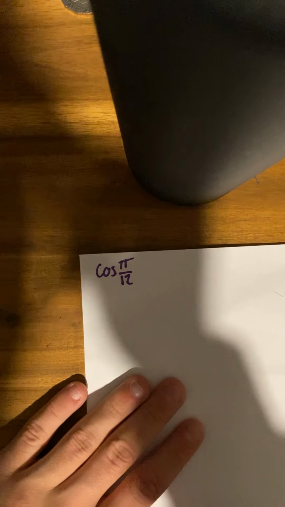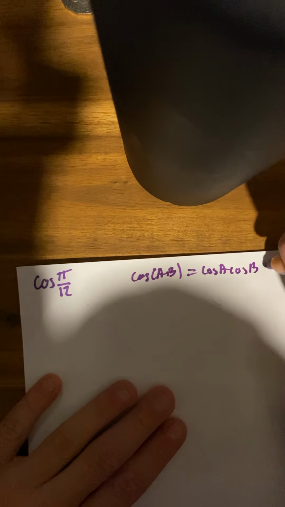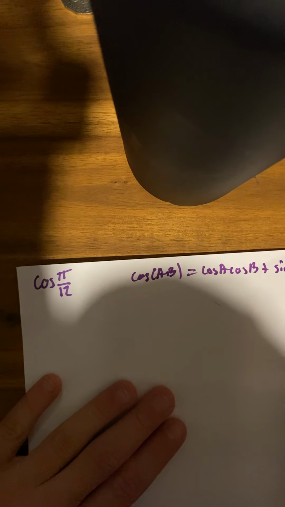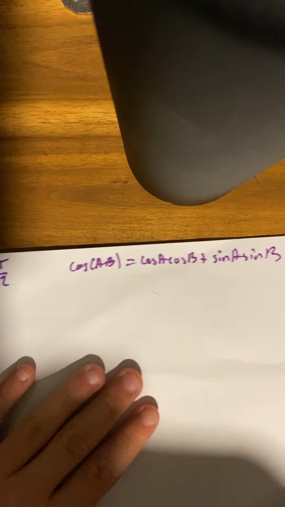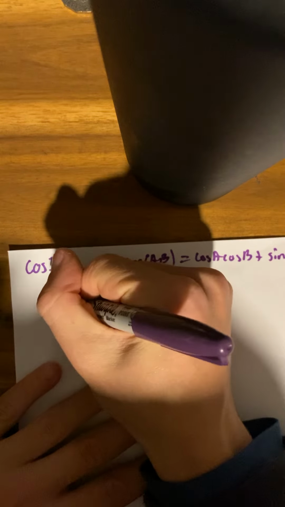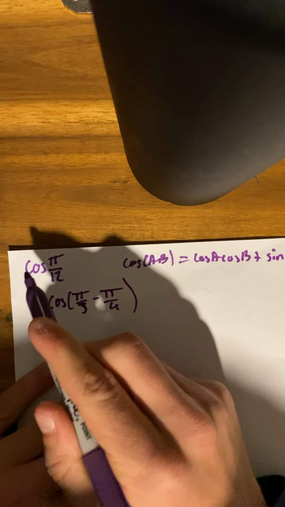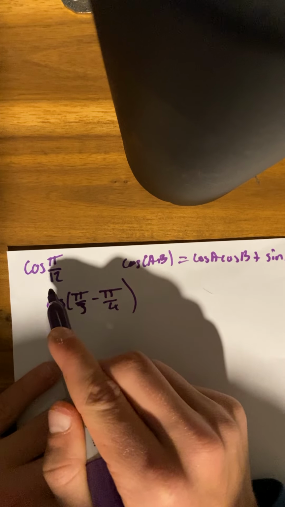Now, using the compound angle formula, which I'm going to write here as cos A minus B equals cos A cos B plus sine A sine B, we can express this fraction in terms of 2. And if we do that, we get cos of pi on 3 minus pi on 4. Notice how pi on 3 minus pi on 4 is just pi on 12.